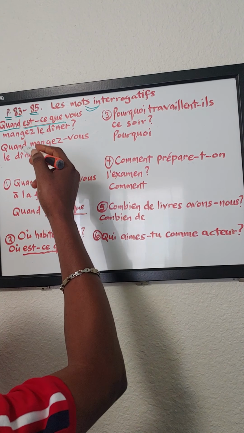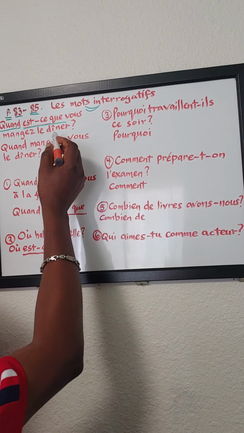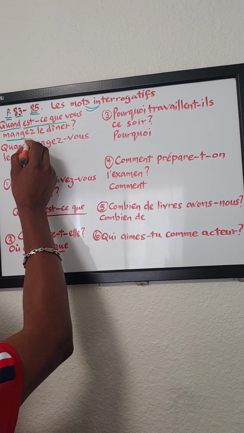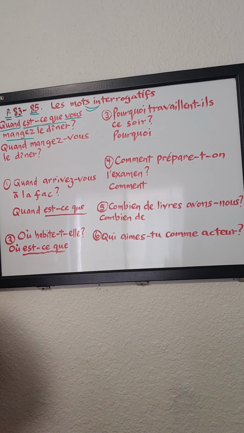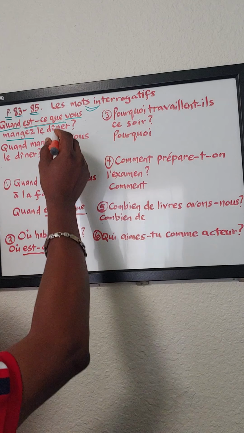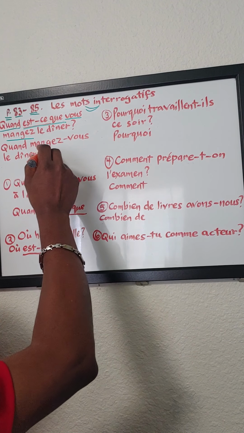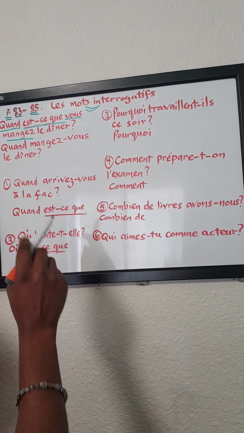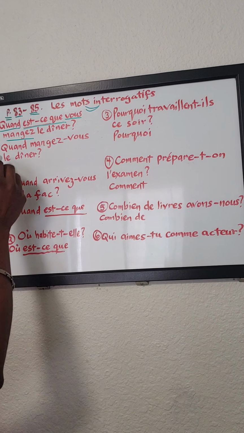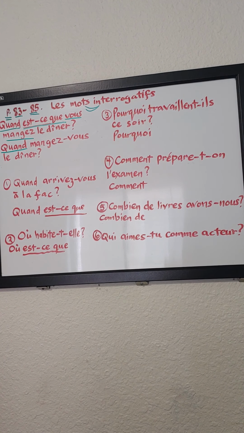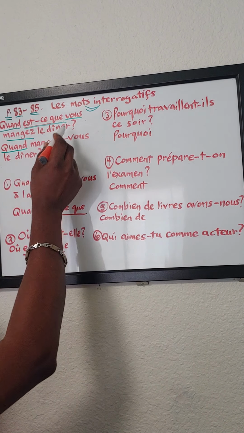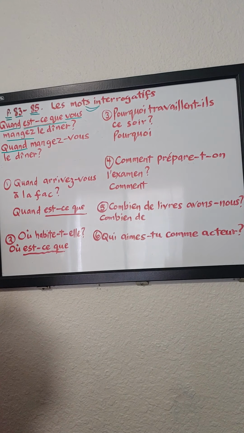You can ask the same question where the verb and the subject pronoun will change place, and then you won't use est-ce, right? Just the verb and the pronoun with the interrogative word. Okay, so quand est-ce que vous mangez le dîner? When do you eat dinner?